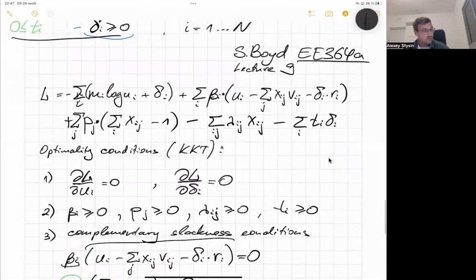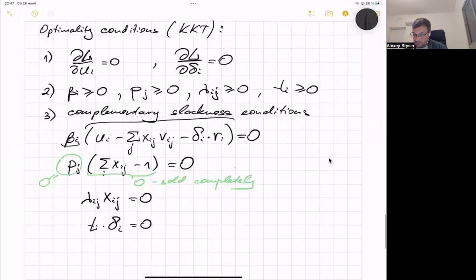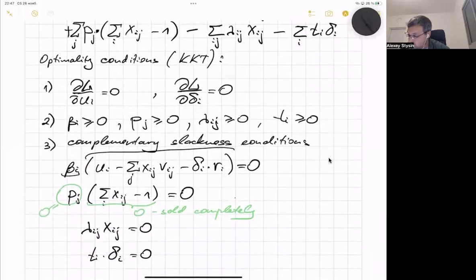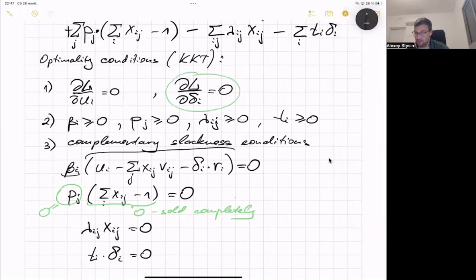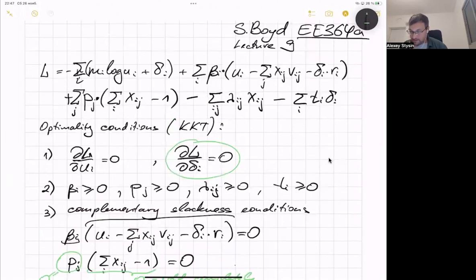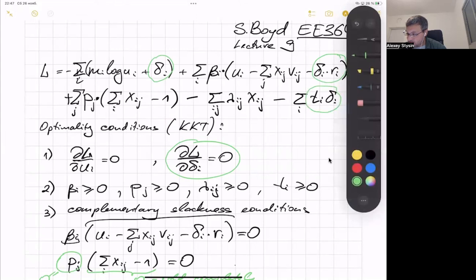Okay. So what we can do next, we should actually start with this one. So let's take the derivative of this one. Let's see how it goes. So we have delta I here, and we also have delta I here, and we also have delta I here. So if we take the derivative, what should we get?